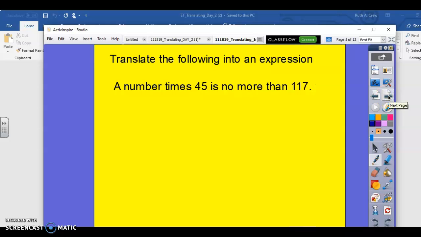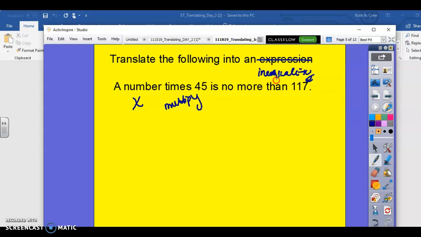So this says translate the following into an expression. This is just a little review. A number, so anytime you see that in math, we don't know what it is. We're just going to put x times 45, so that means multiply, is no more than 117. So this is not an expression. This is actually going to be an inequality.